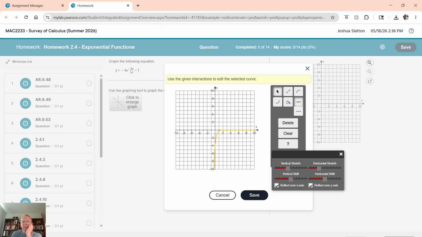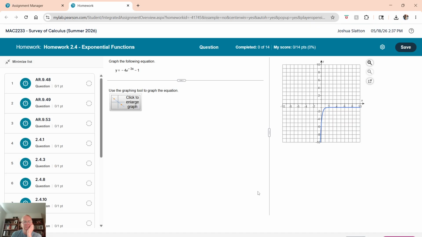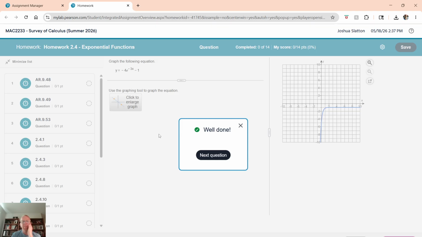The number inside the function, when we're multiplying, is a horizontal stretch. And then we got the negative 1. Of course, we know that's going to shift down. So go over to the negative 1, and that is what we end up with. So hopefully that is correct. Check your answer, and there you go.